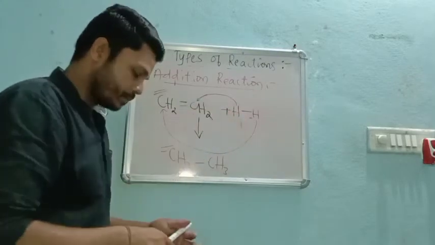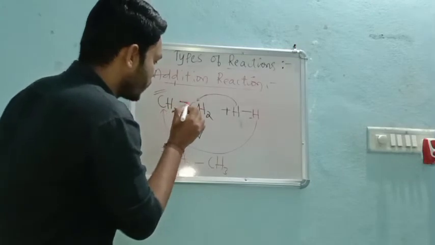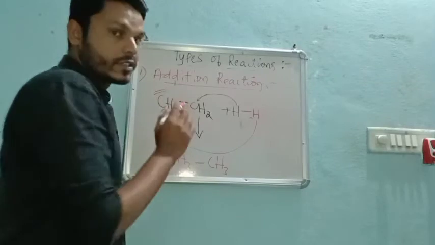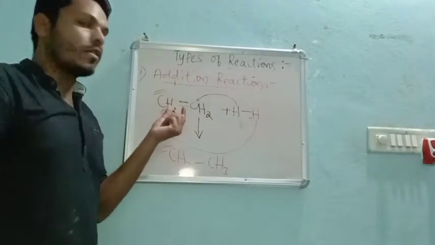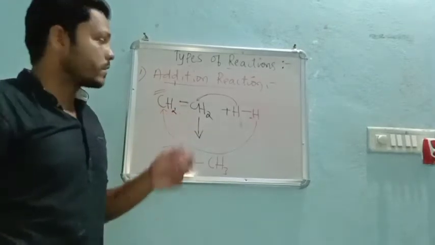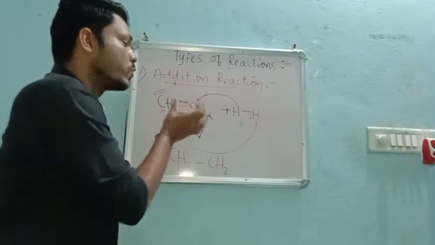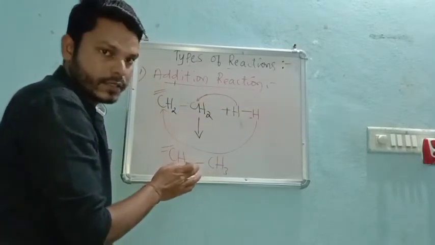in this compound we have a scarcity of two electrons. That means we have two fewer electrons in this compound, and we got those two electrons from the two hydrogens. That's why this bond is eliminated in this compound.